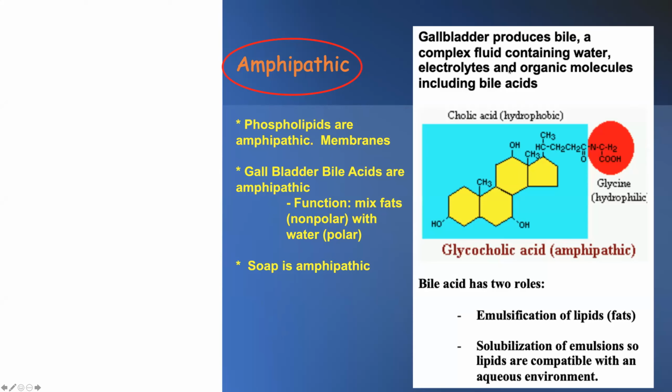If you recall, the gallbladder produces bile, which contains these bile acids, which are composed of a steroid, which is very hydrophobic, and a hydrophilic tip on the other end of the molecule. Because one end is hydrophobic and the other end is hydrophilic, that makes it an amphipathic molecule.